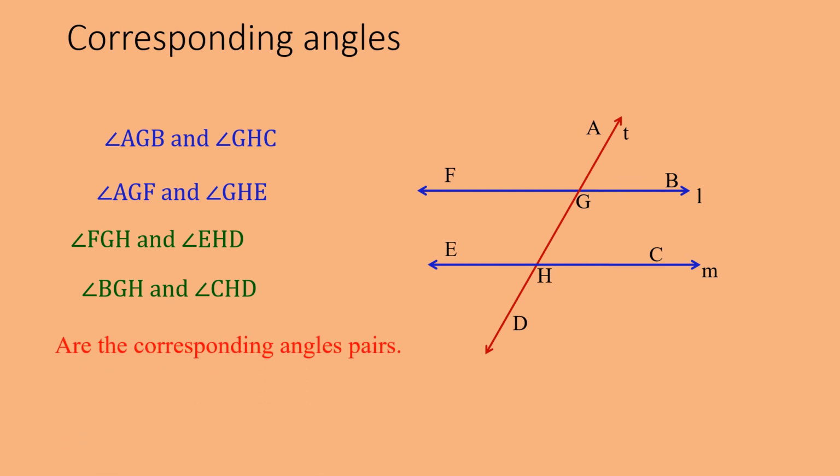All these four are pairs of corresponding angles. As I have made it clear, you can go through it any way, or you can take the F. As you have seen, if you watch the video, you will find an F is formed for one pair of corresponding angles. So I hope the video is very clear to you and you have understood.